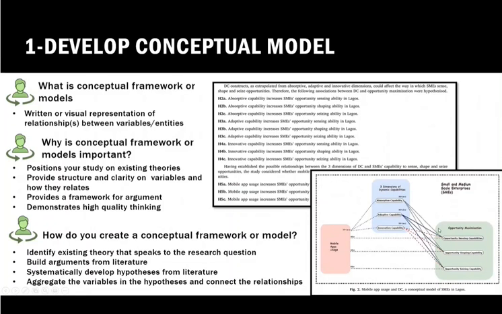So this diagram is a conceptual framework that interprets the hypotheses that I drew from the literature. And remember, these hypotheses sit on the dynamic capability framework. So when you look at this conceptual framework, you can already see the dynamic capability framework in here.